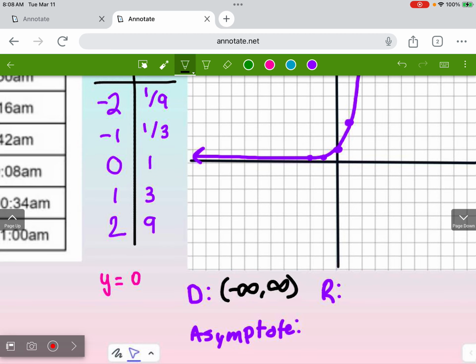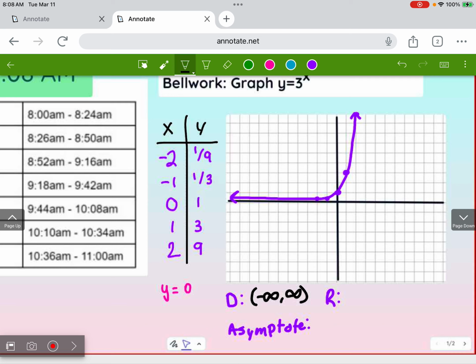We're using all real numbers. Our range on this one, we're looking at our smallest y values up to our biggest. That's going to go from 0, it's always going to be based off our asymptote, up to infinity. And then our asymptote, this little wall that we can't cross, the equation for our asymptote is y equals 0.